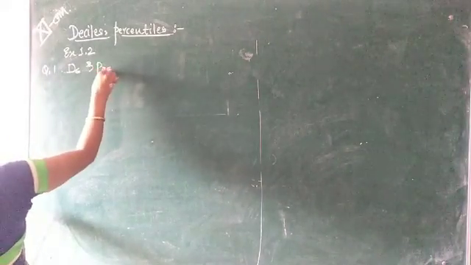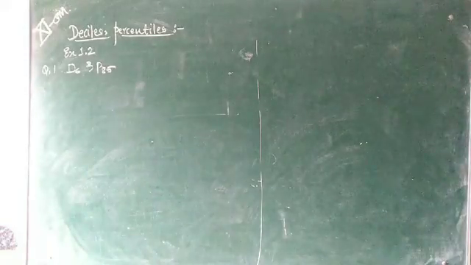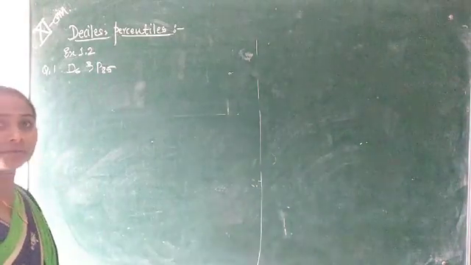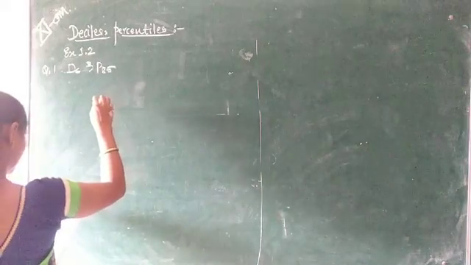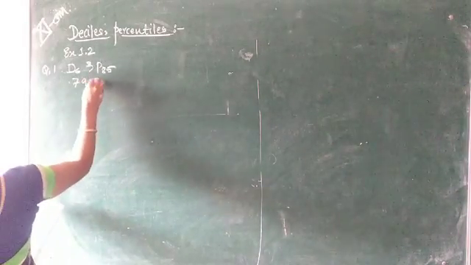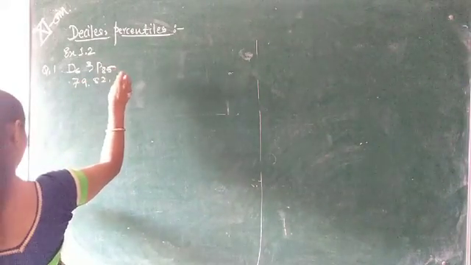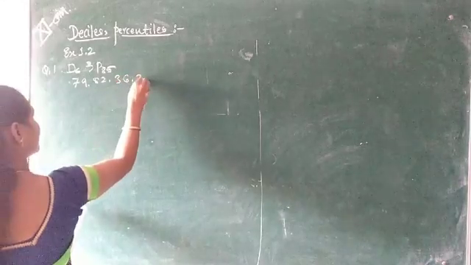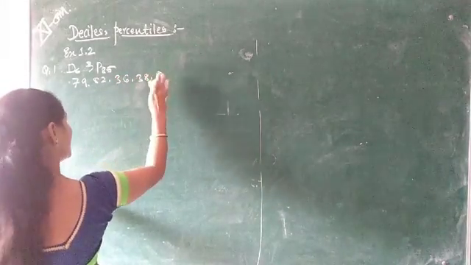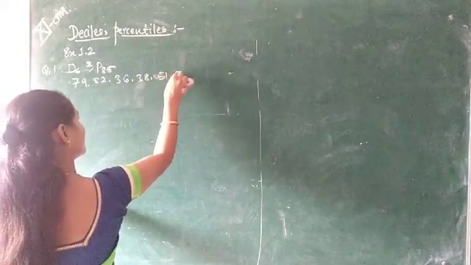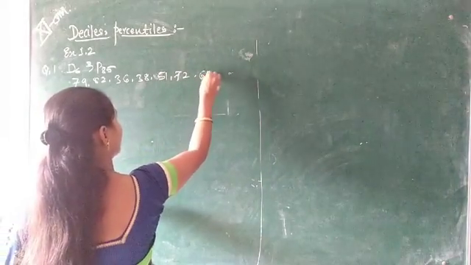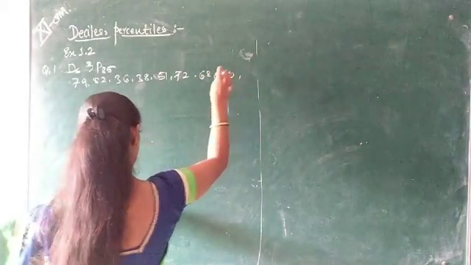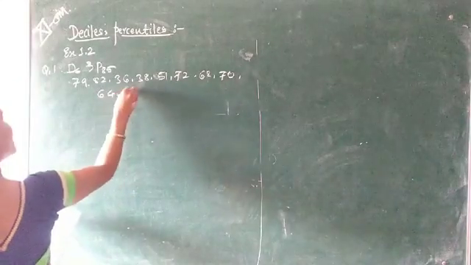That means here you have to find the 6th decile and 85th percentile for the following data: 79, 82, 36, 38, 51, 72, 68, 70, 64, 63.